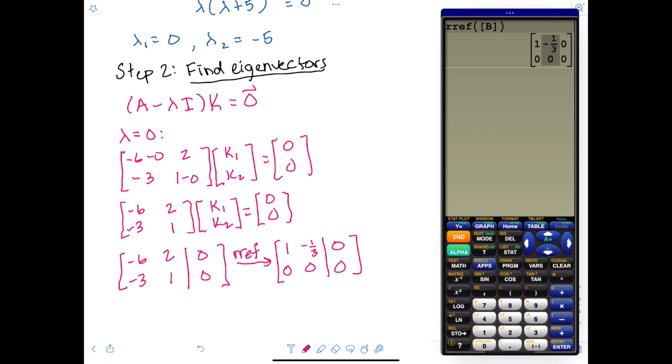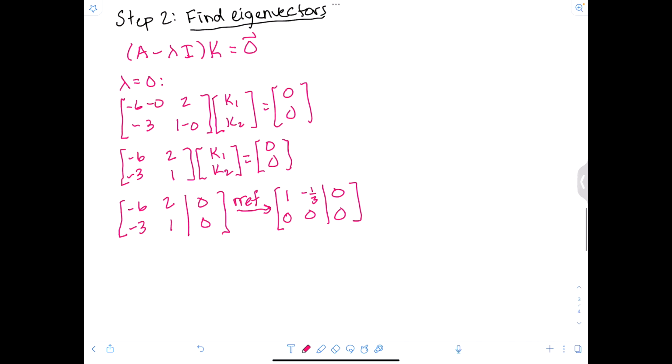So that translates to the system K1 minus 1/3 K2, these are not vector Ks, these are entry Ks, is equal to 0. And so we'll get K1 is equal to 1/3 times K2.